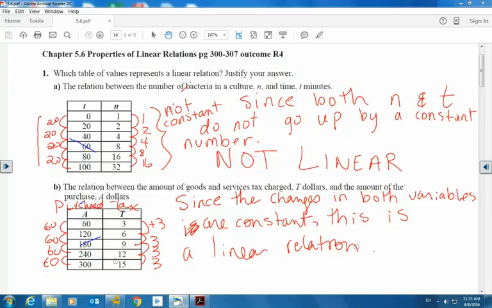So both variables are constant. It's linear.